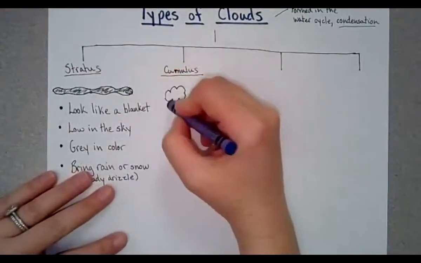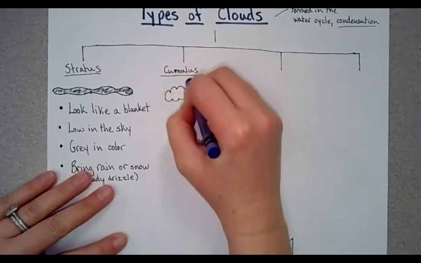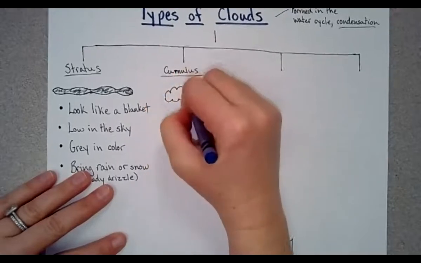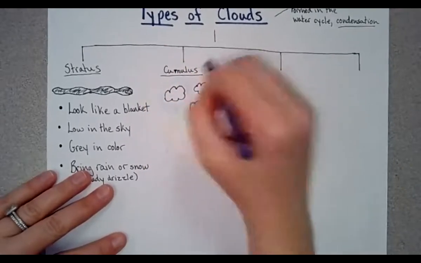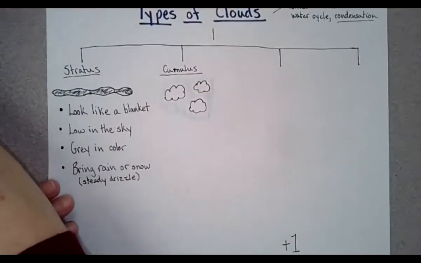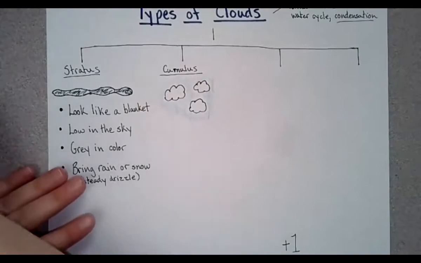And the sky around them is typically blue. And they are white. If you see these type of clouds outside, it's going to be a beautiful day.